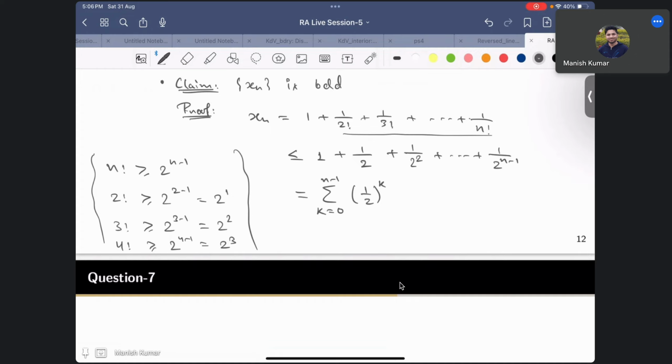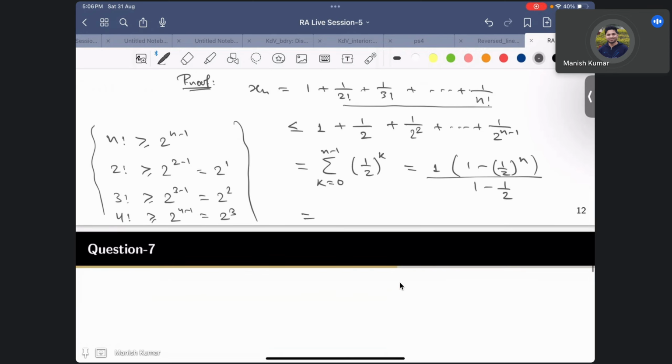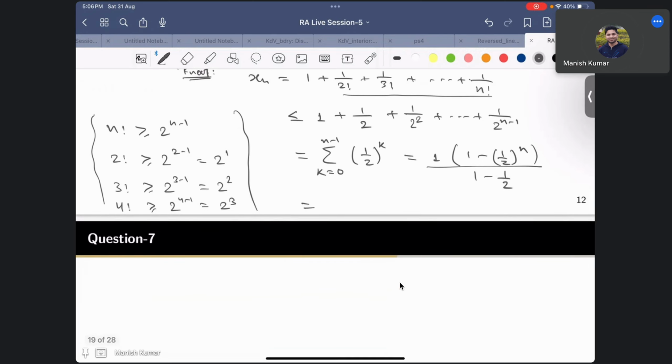So you write the first term a, which is 1. Then you have 1 minus r, the geometric ratio, which is half, raised to the power n, upon 1 minus the geometric ratio, which is half. If you solve this, you get 2 times 1 minus half raised to the power n, correct?